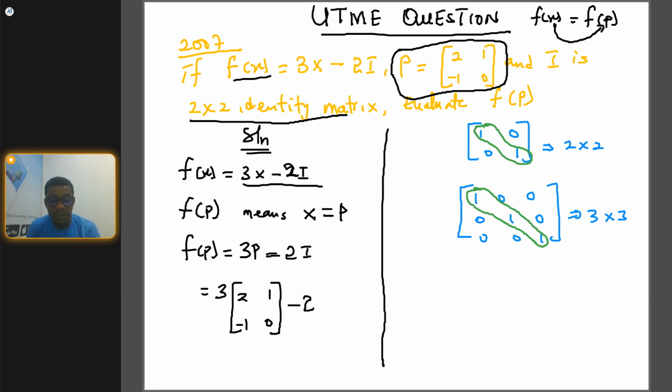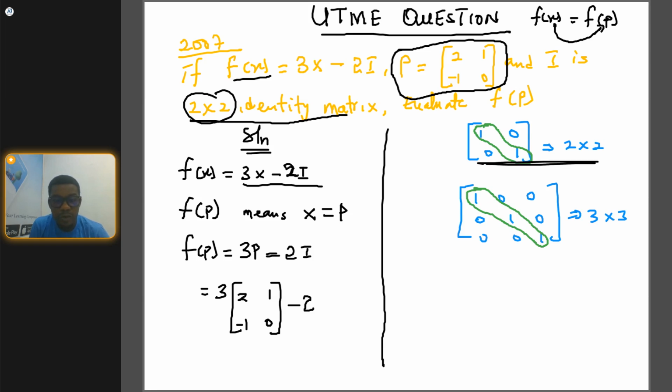In a 3 by 3 matrix also, we have 1, 1, 1 and all other elements are 0. So if I'm going to represent an identity matrix here, they've told me that it is 2 by 2 already. So that means I'm going to use this.